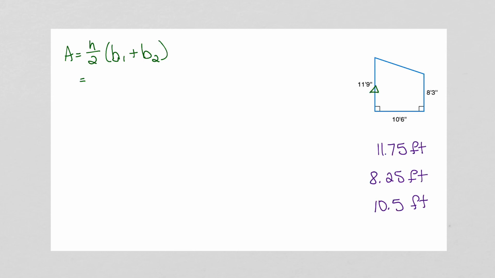The bases are the two parallel sides. So the height is the 10.5 feet. And then one of the bases, doesn't really matter which one you put first, is 11.75, and the other is 8.25.